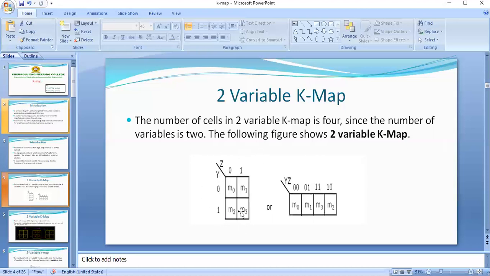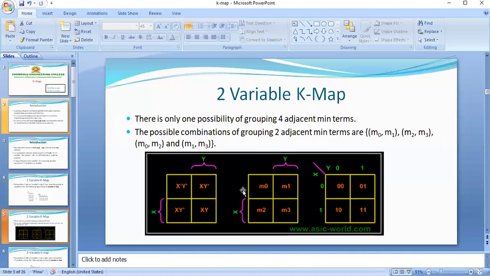This is the graphical representation of a 2 variable K-map, with 2 power 2 cells, that is 4 cells. A cell is said to be adjacent if they differ in only one bit position, so we say those 2 cells are adjacent.